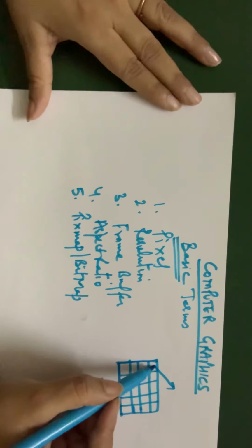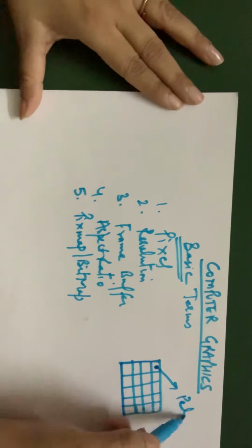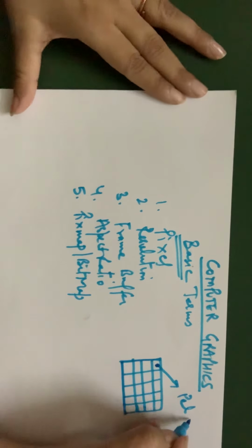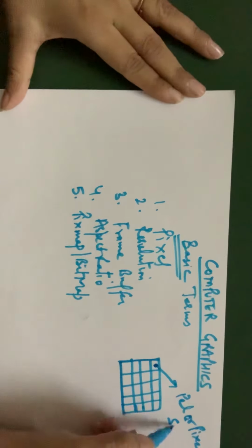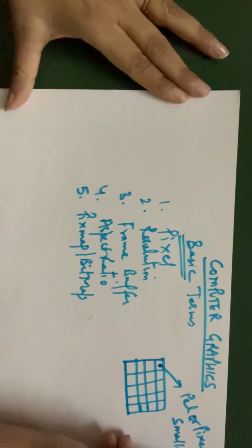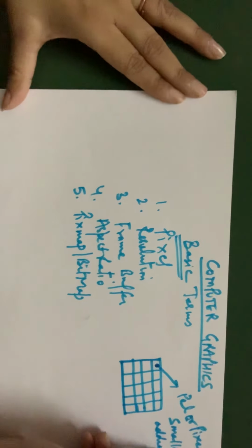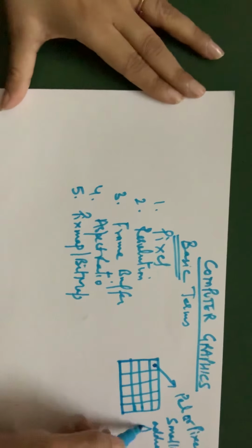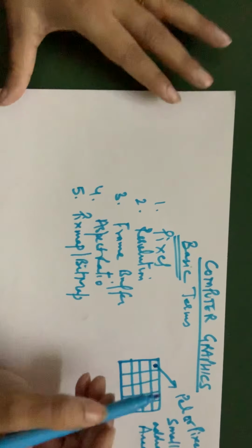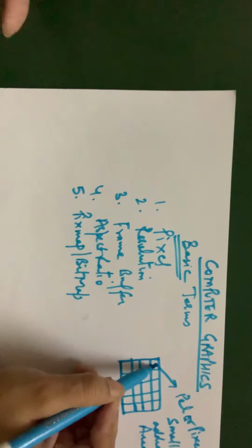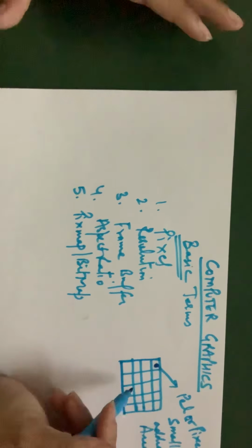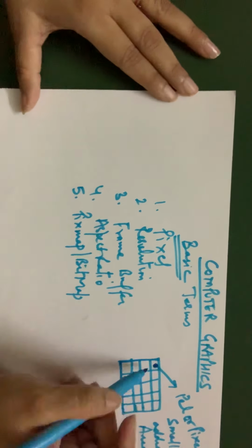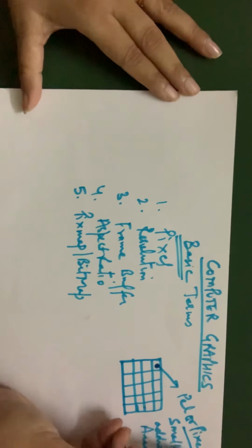This term is known as PEL; in certain books you'll find it as PEL or pixel, which is defined as the smallest addressable area. The area through which we can define the smallest address area is known as a pixel.